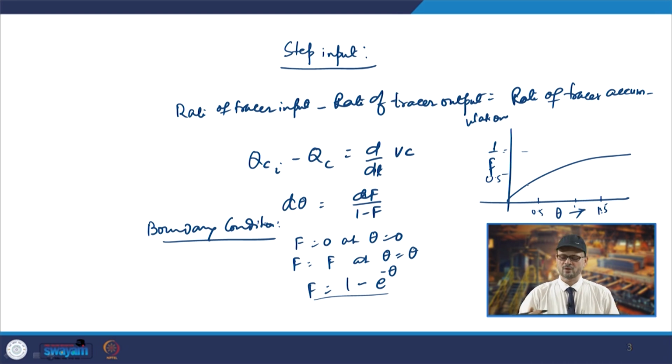What you see from this curve and the F curve which you have seen for the plug flow is that, in the case of plug flow, there is no increase in the tracer concentration till this point, and then directly you have this horizontal value coming.